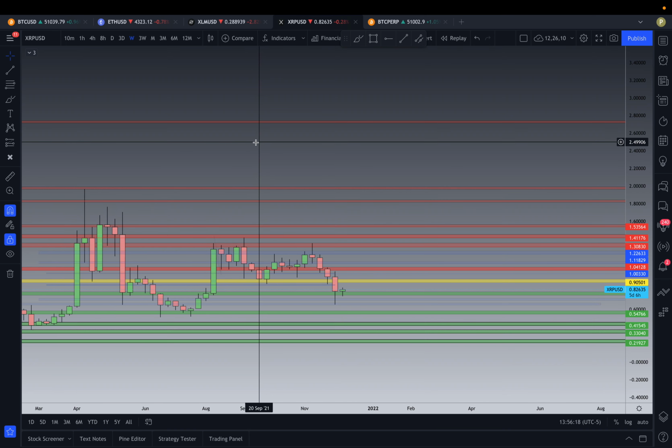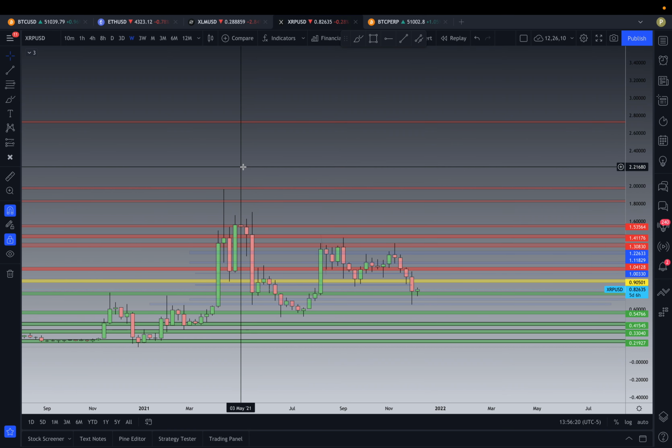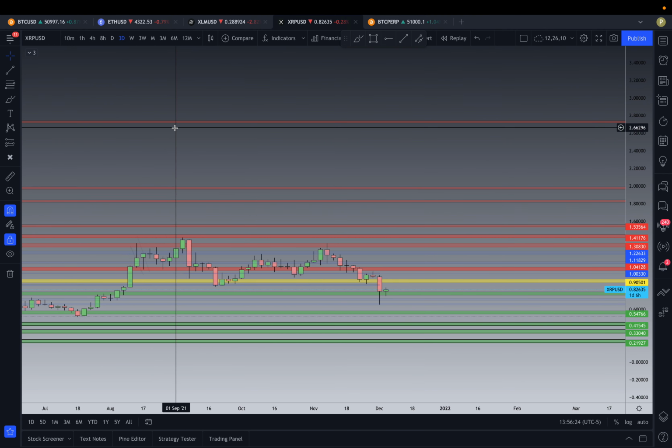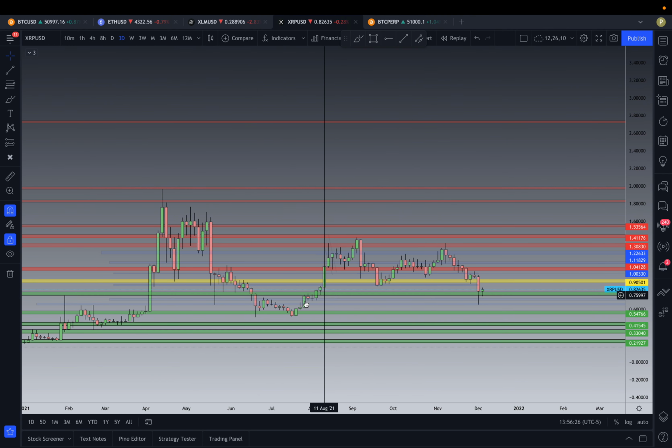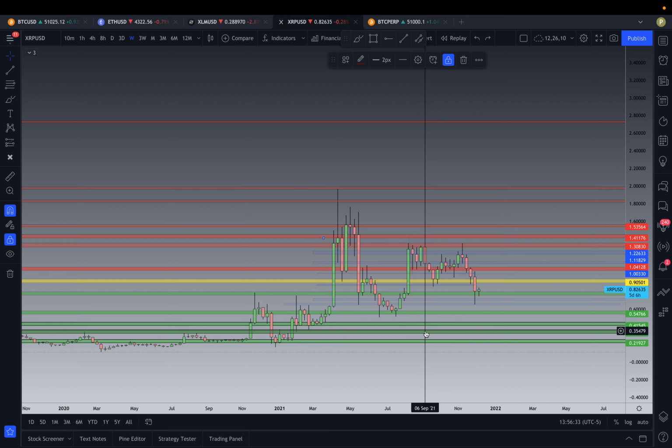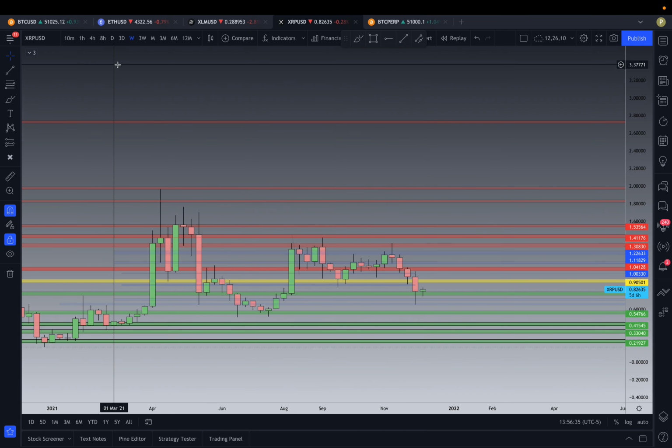XRP, same thing, still range bound. Pretty boring sideways action. See if I can see it better on the 3 day. Yeah, I think 3 days probably better.